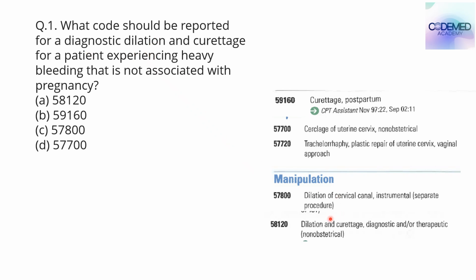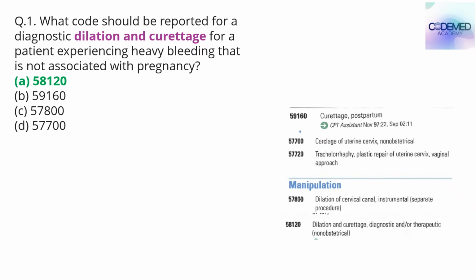So we cannot even take 57800. So between 57700 and 58120, let's see what the answer is. Yes, 58120 is the right answer because it talks about dilation and curettage. It talks about the diagnostic procedure, and it is non-obstetrical. That means when the patient is not pregnant, and that's what our patient is.